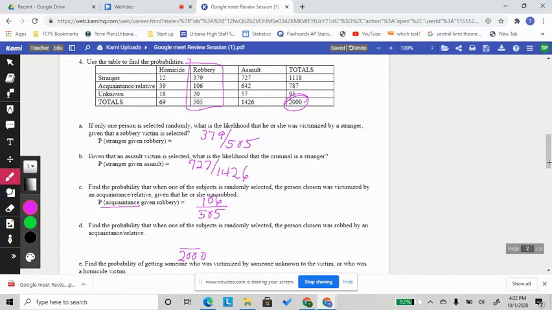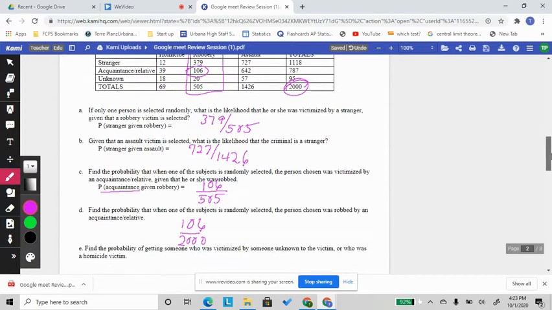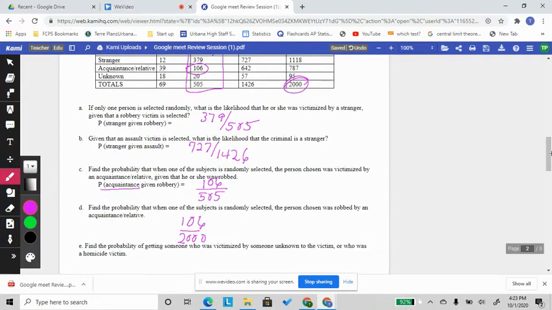So the person was robbed by an acquaintance or relative right here, 106. There we go. So the 106 people were robbed by an acquaintance or a relative.